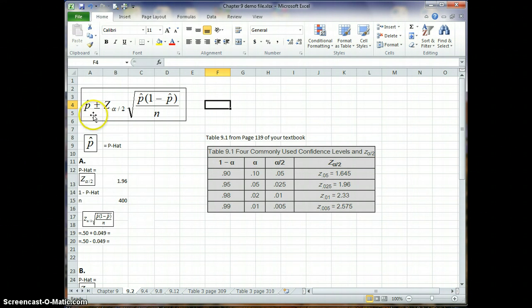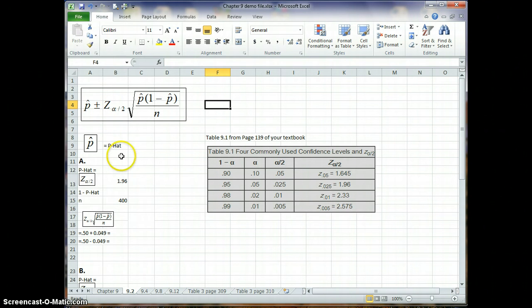But p hat is the estimator there that we're going to use, standard error estimate for the proportion, and we're going to use that calculation and then use that to estimate the whole population using a z-score, and then we've got this alpha. So we're looking at confidence intervals with this.